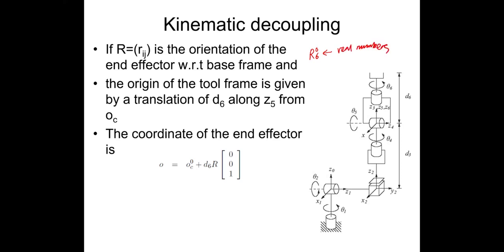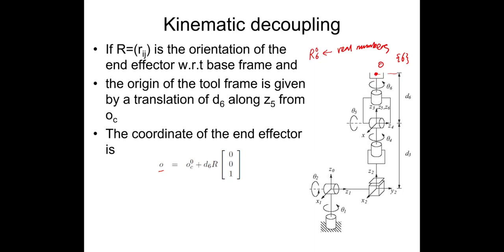Then we can analyze where this O is, the coordinate of the end effector, which is right here. This is my O, the origin of frame N, and in this case frame N is frame 6, so that is the coordinate representing the geometry of the end effector.